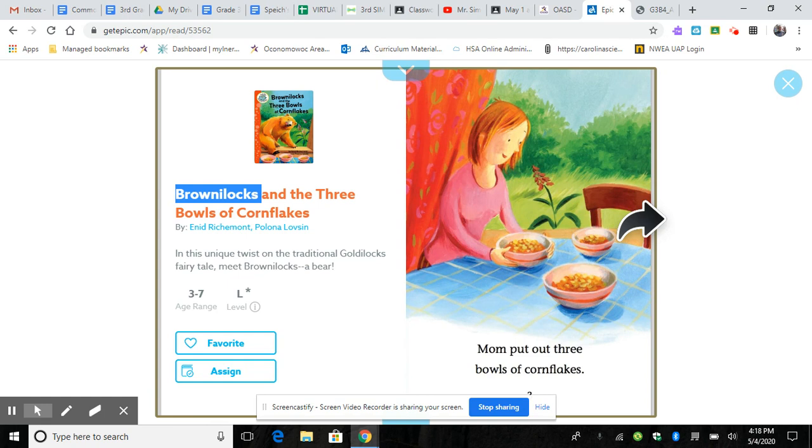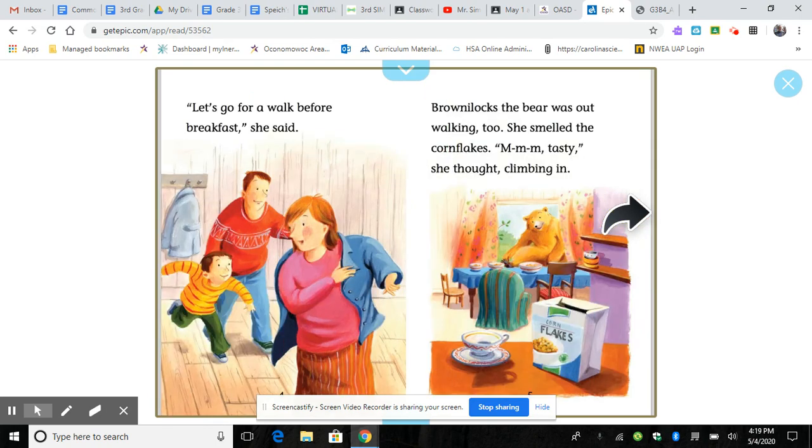What did we change? What was one thing that we could change? And if we're going to talk about the first scene, what did we notice? What did we change? Okay, well, in this one, it goes right to where mom is setting out cereal, and in this case, it's the cornflakes, right? And then they talk about going for a walk before breakfast. Okay, so that was something that we changed.